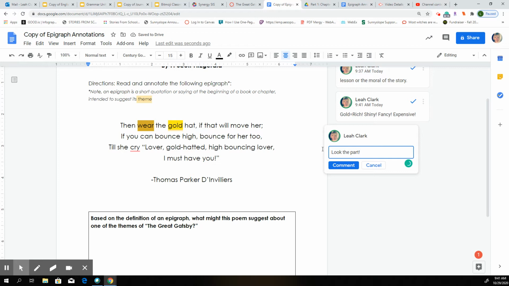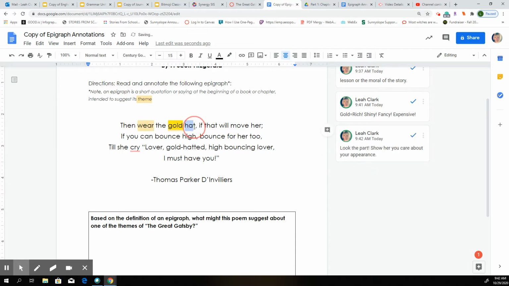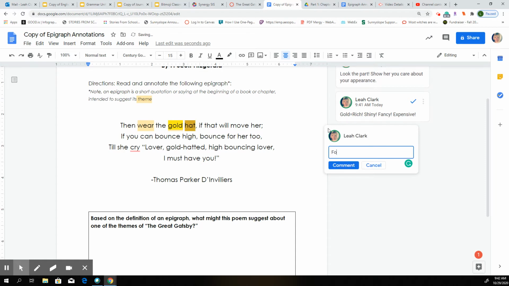Wear that fancy hat. Show her you care about your appearance. And that hat to me, if I were to add some notations, this would mean this is sort of a formal or fancy event.